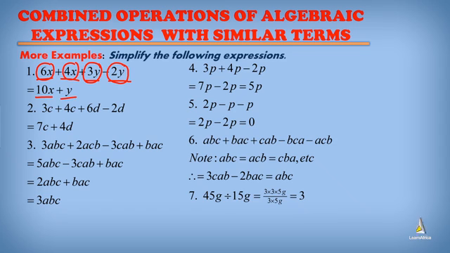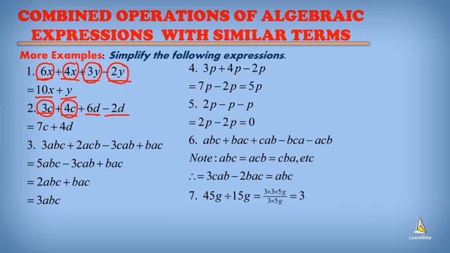Now moving on to the second example, we have 3c plus 4c plus 6d minus 2d. In this situation, you realize we have two variables, c and d. So we put together the terms in c and then the terms in d, then we get our result. Now doing that, we have 3c plus 4c.